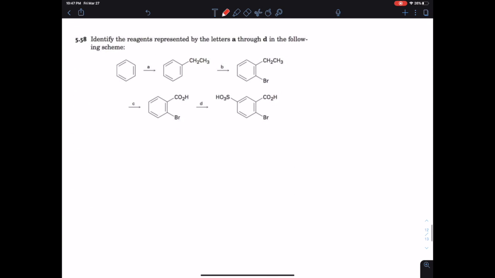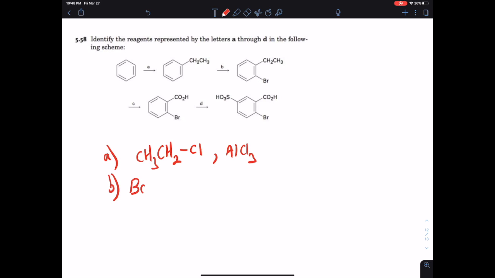Finally, what we call a roadmap, a sequence of reactions. You're kind of putting together everything you've learned. So for step A, how do you put that group on? What reagents would you use? Well, that is a Friedel-Crafts acylation. So you use the alkyl halide and aluminum chloride. And then for step B, we are doing bromination.